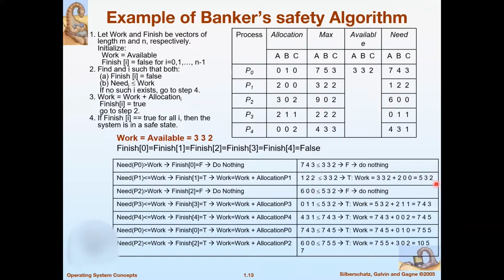Now with this available resource we come to P2. The future requirement of P2 is 600, which is not less than or equal to the current available vector, that is 532. So P2 cannot complete and remains false.